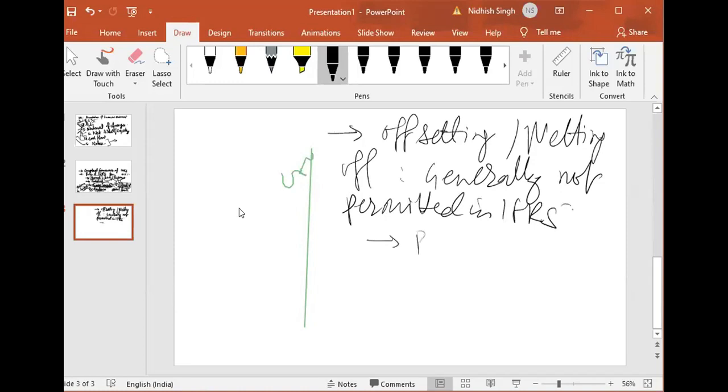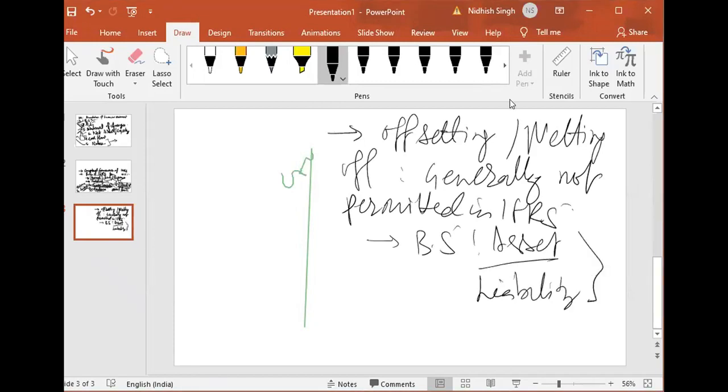So when you prepare a balance sheet, all the asset and liability should be shown separately, even if these are with the same counterparty.